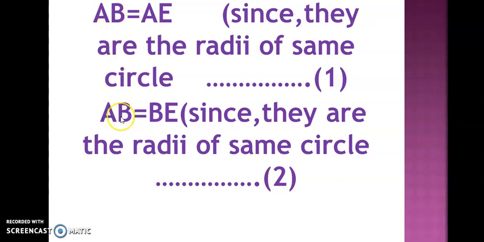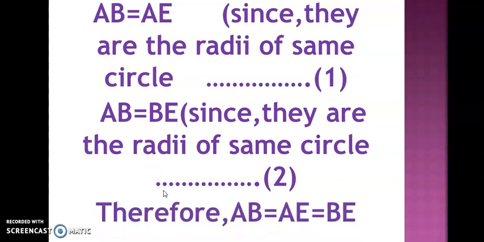Which axiom? Yes, axiom number 1: things which are equal to the same thing are equal to one another. You remember? Yes, here AE and BE are two different line segments equal to the same line segment AB, no? So we can say AE is equal to BE. By using axiom 1, we can say that AB is equal to BE is equal to AE.